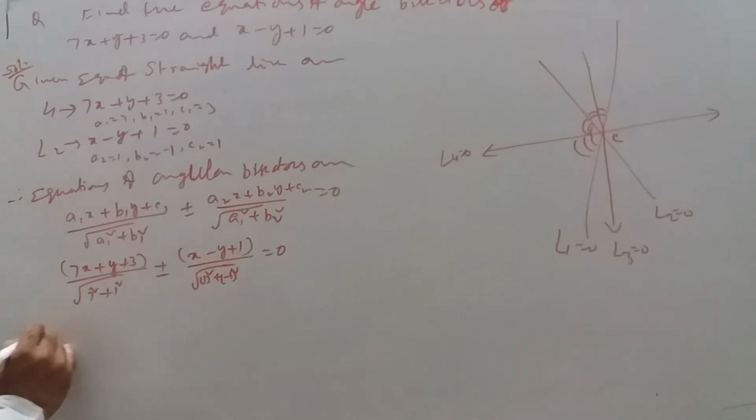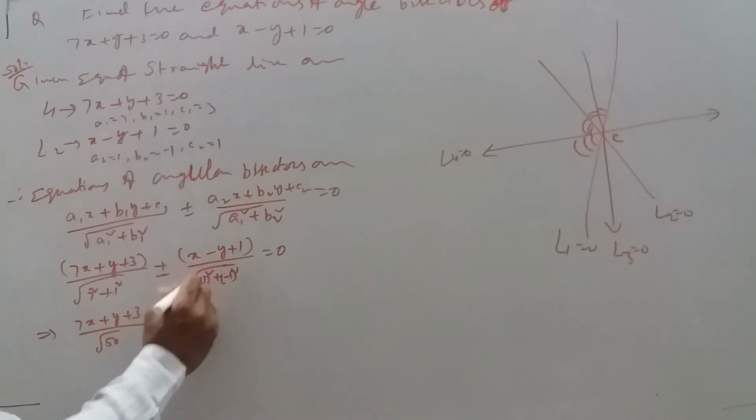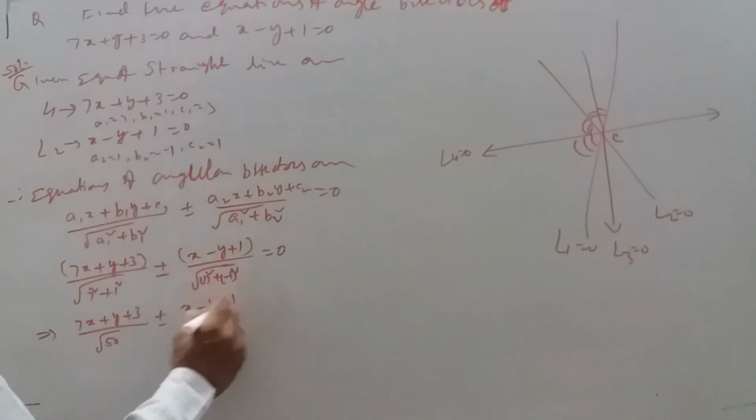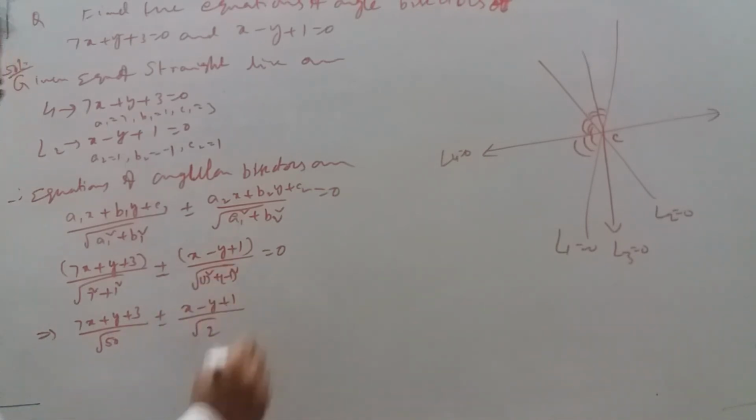By simplification, that implies (7x + y + 3)/root 50 plus or minus (x - y + 1)/root 2 is equal to 0.